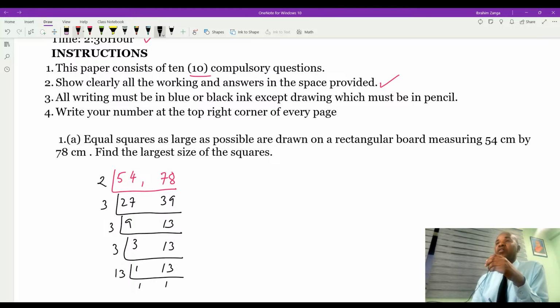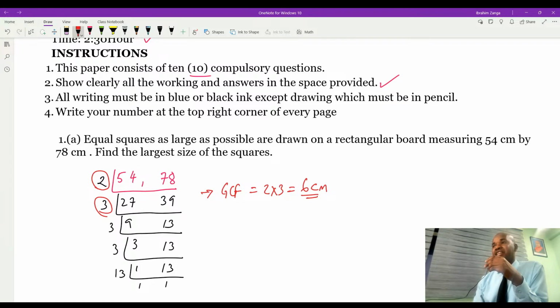So we are going to see now common factors. So the first common factor was 2, and the second one was 3. And so from here, you can see actually that the greatest common factor is expected to be 2 times 3, which is going to be 6, because the unit were in centimeter. So we're going to say that equal squares as large as possible are drawn on a rectangular board measuring.